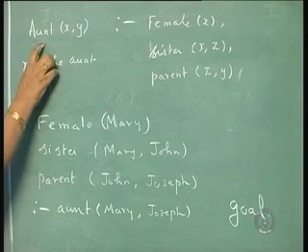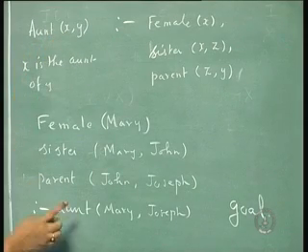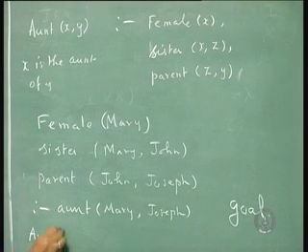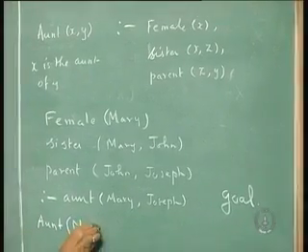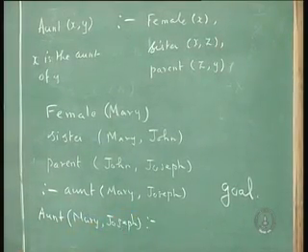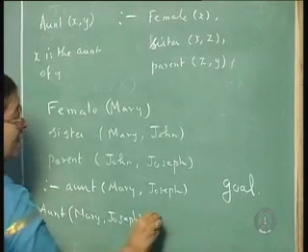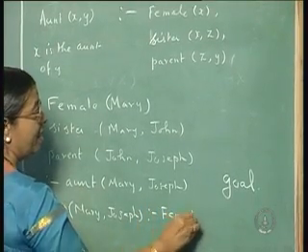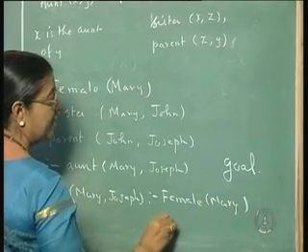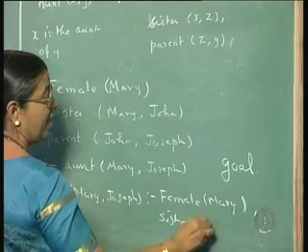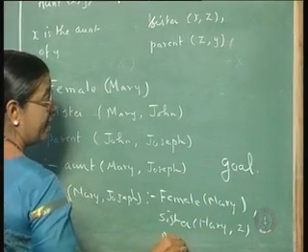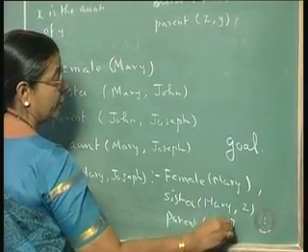So, when you try to instantiate and take X to be Mary and Y to be Joseph, it can be something like this: aunt Mary Joseph, then female Mary, comma sister Mary Z, parent Z Joseph.